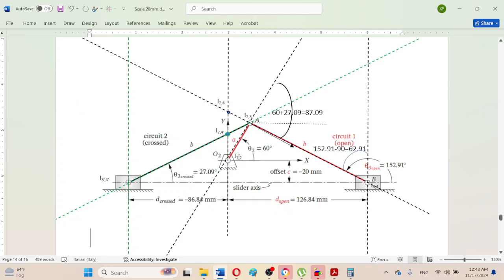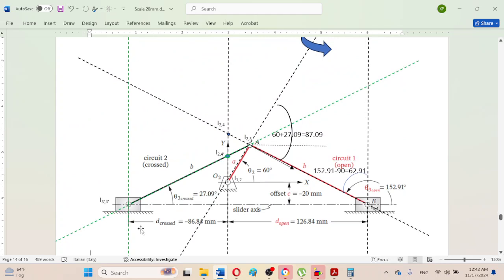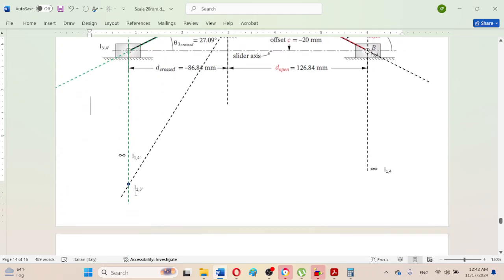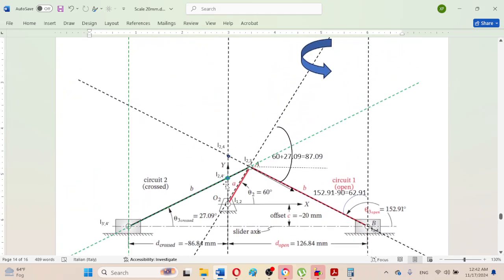This is instant center number 1, permanent; this is instant center 2,3, second; and this instant center 3 dash 4 dash, third; and this I1,4 dash, the fourth permanent instant center; the fifth one was I1,3 here, and the sixth one is here, I2,4 dash.